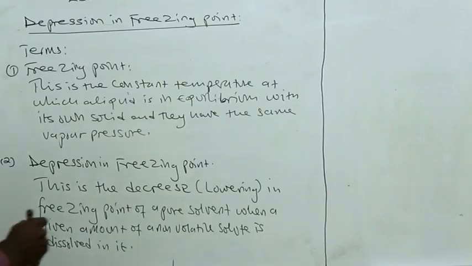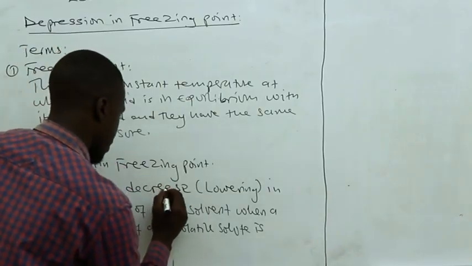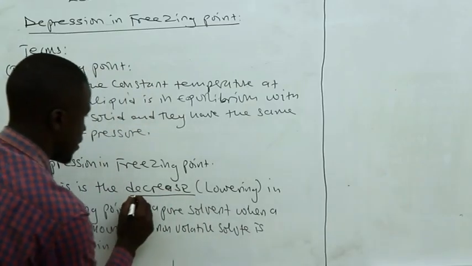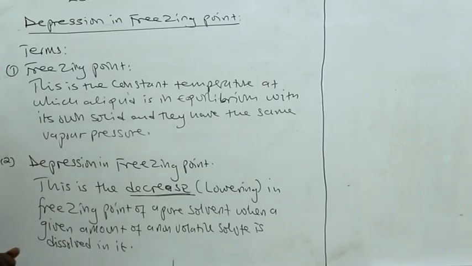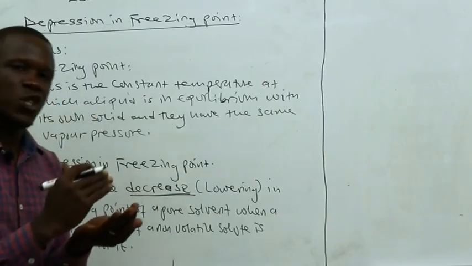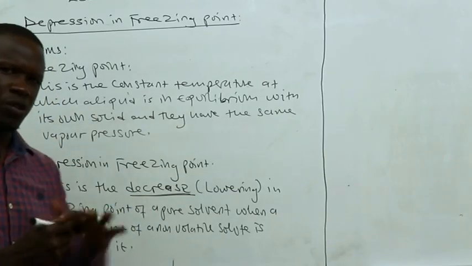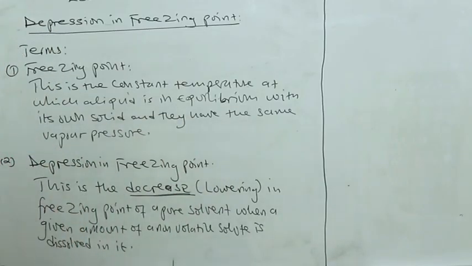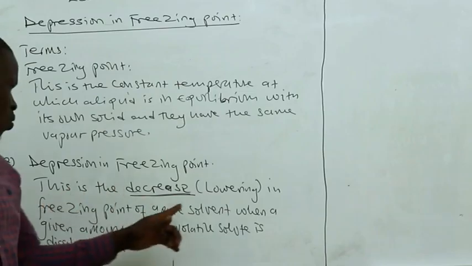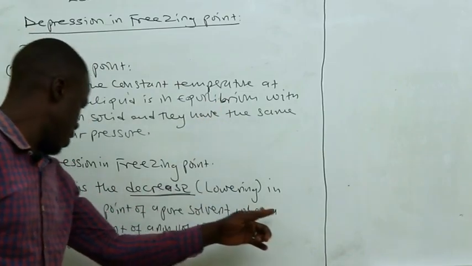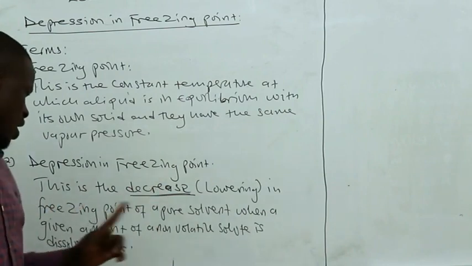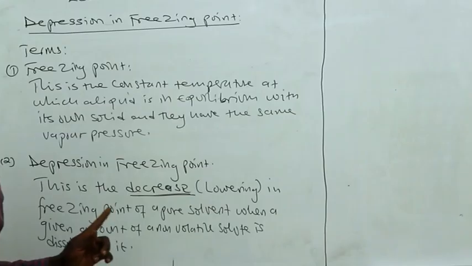This decrease is the difference between the freezing point of the pure solvent and the freezing point of the solution. This is the decrease or lowering in the freezing point of a pure solvent when a given amount of a non-volatile solute is added to it.